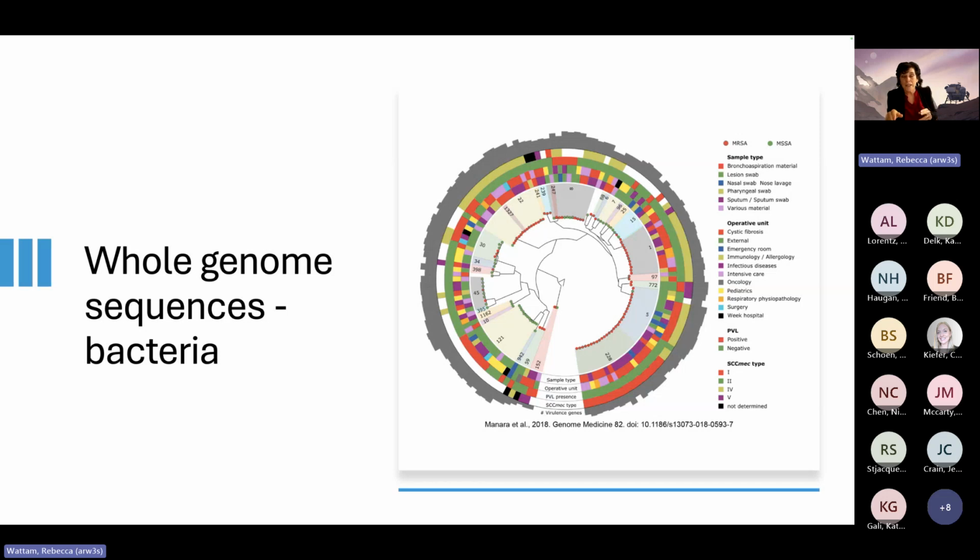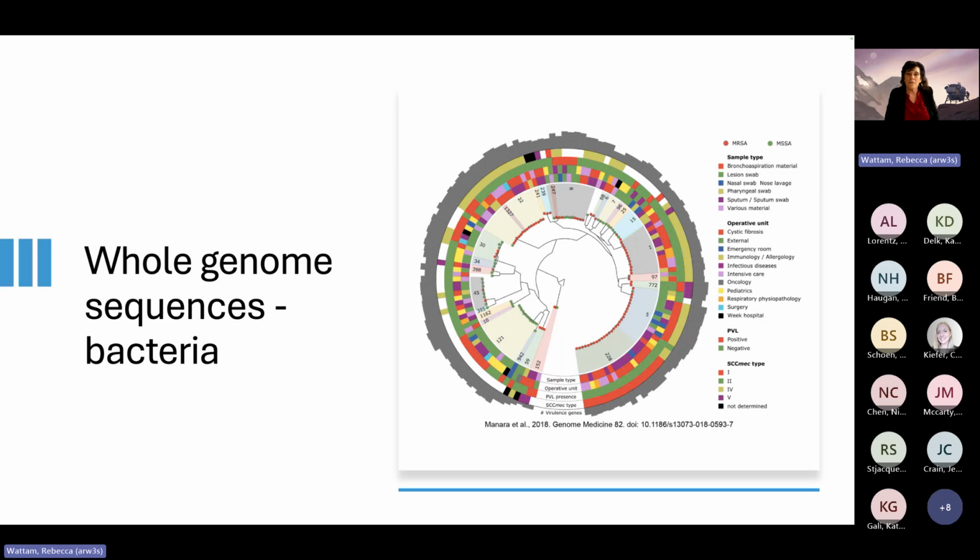1,469 genes that were seen across 135 patients in these hospitals that had either MRSA or the other one, MSSA, resistant. So you can get close to that.